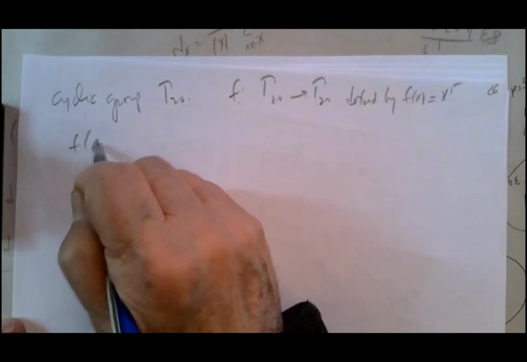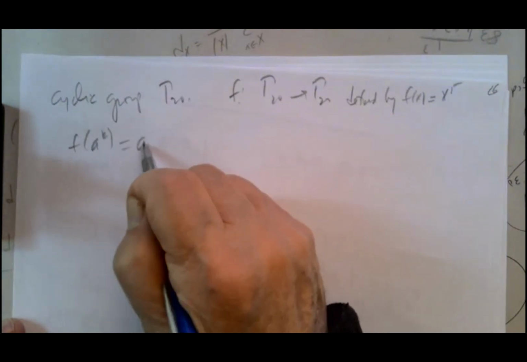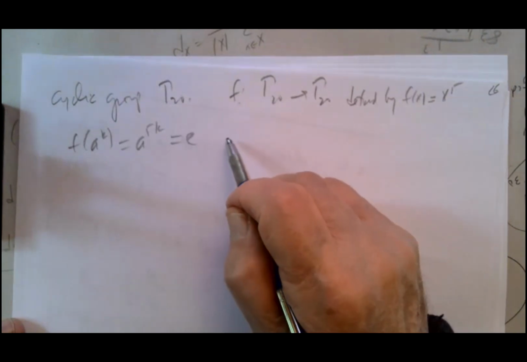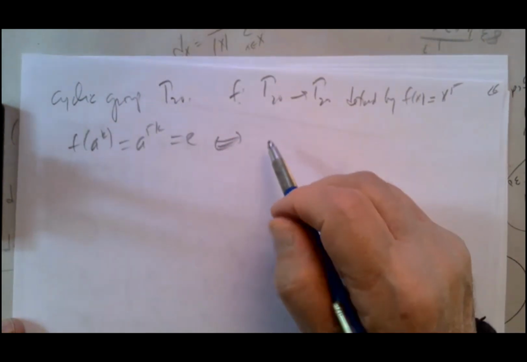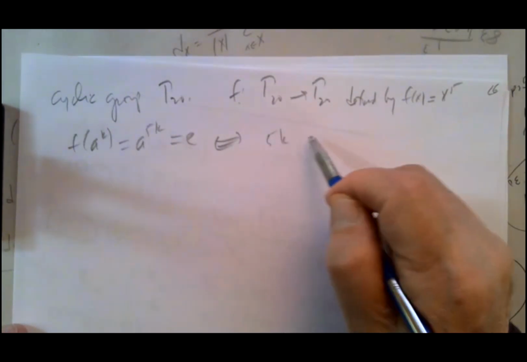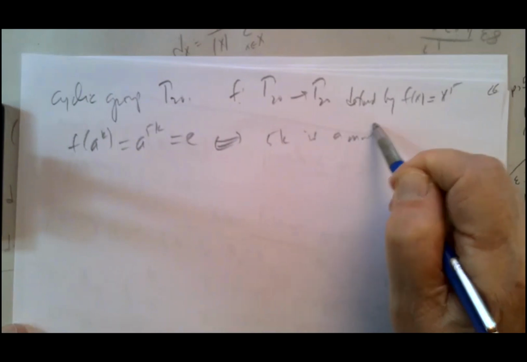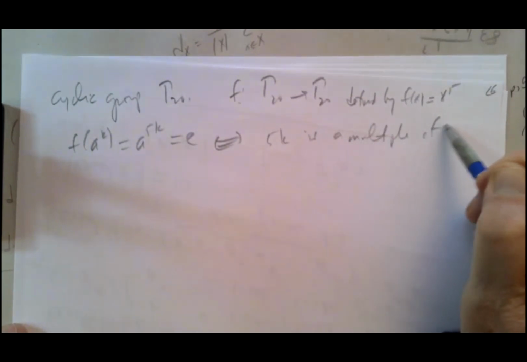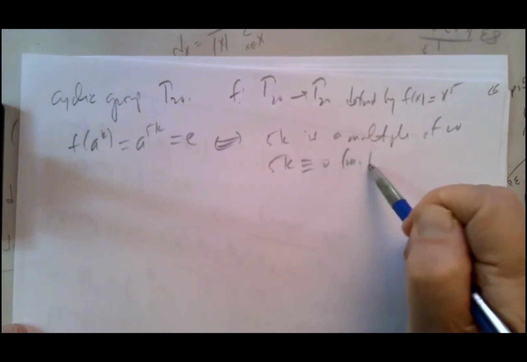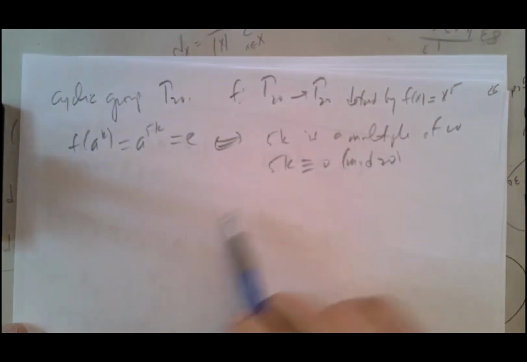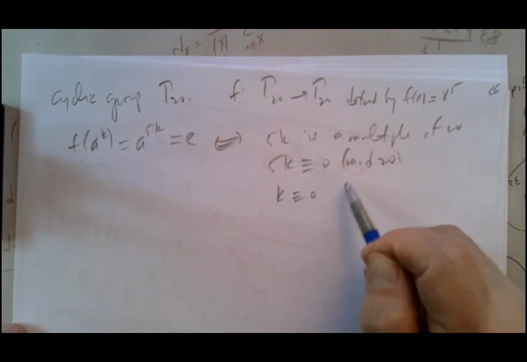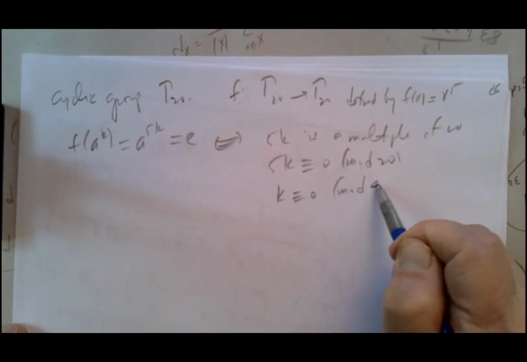So f of a to the k is a to the 5k. And that equals the identity if and only if 5k is a multiple of 20. That is, 5k is congruent to 0 mod 20, or you can divide everything by 5. k is congruent to 0 mod 4.